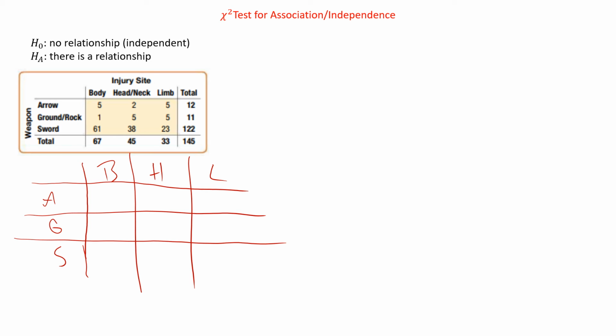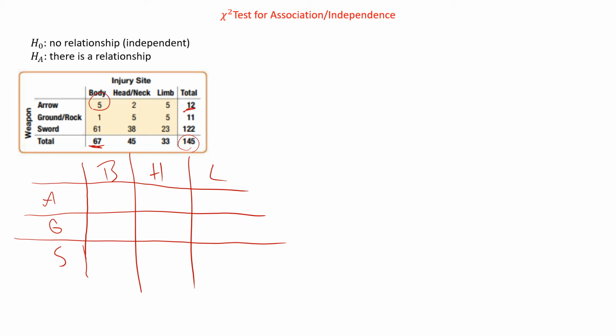I mean, proportions can help us to kind of look at the data, but we actually use the counts. So if you have proportions, you have to change them into counts. To find the expected value, it's the same as it was before. To find this one, it's the column total times the row total divided by the table total.